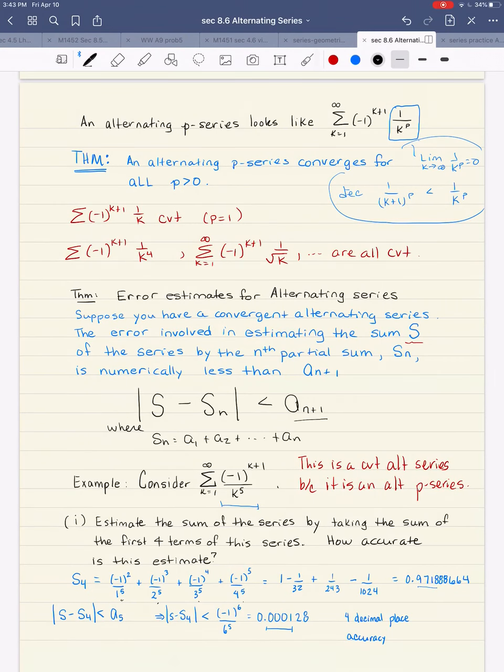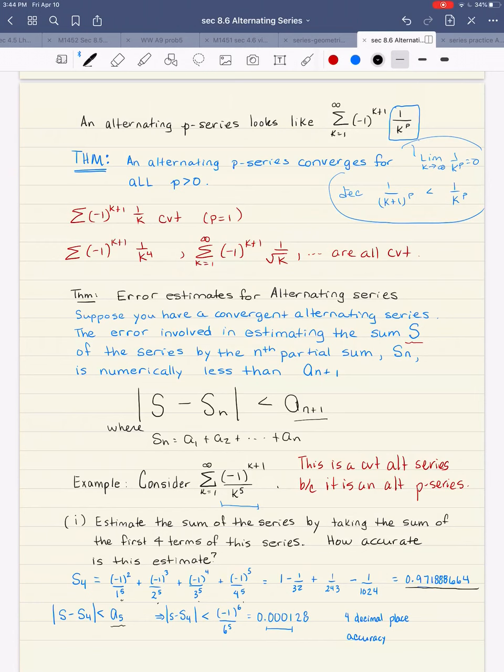Here's k is 2, k is 3, k is 4. Then I got out my calculator, and I got 0.971888664.